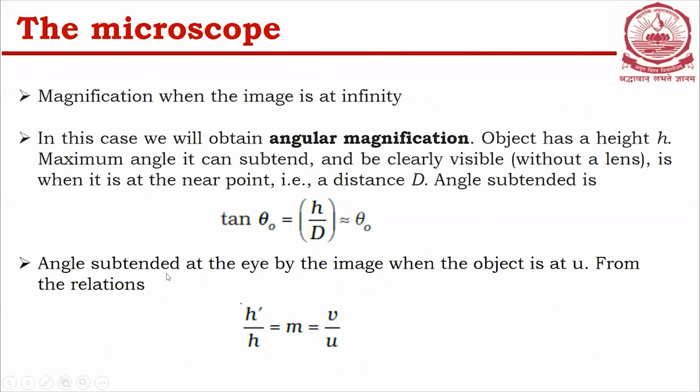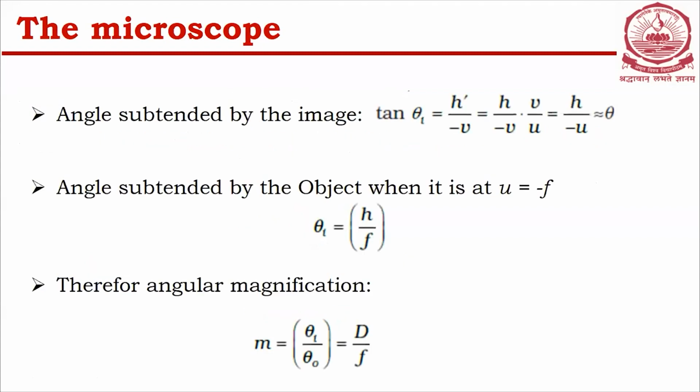This is another relation from your linear magnification that you know very well. Again tan theta is the angle subtended by the image. Here it is mentioned as theta instead of theta I. The angle subtended by the object without any lens is theta naught, so it is theta I by theta naught.